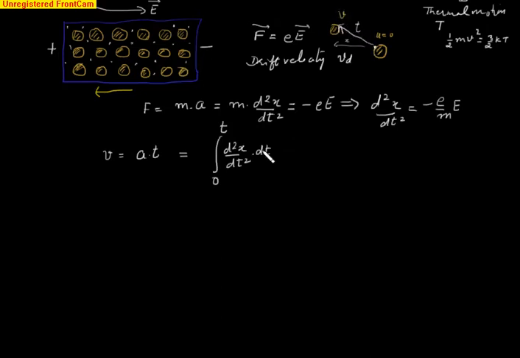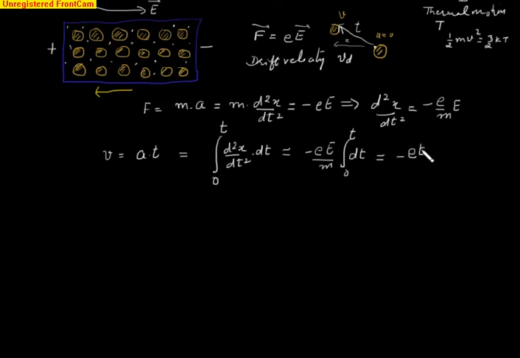We know d2x by dt square is minus e times electric field divided by m, and multiplying by the integration of dt from 0 to t gives t.